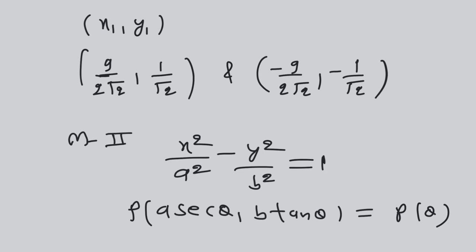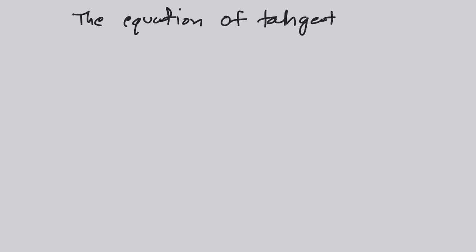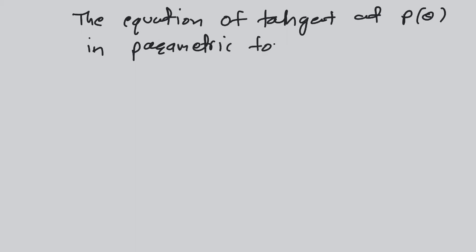The equation of the tangent at P(theta) in parametric form is given by x by a sec theta minus y by b tan theta equals 1.